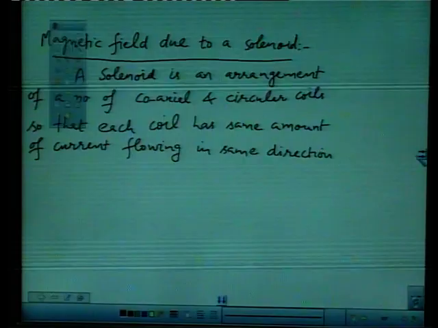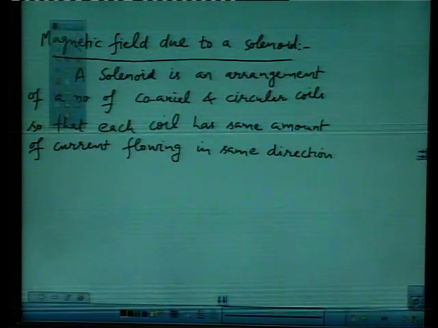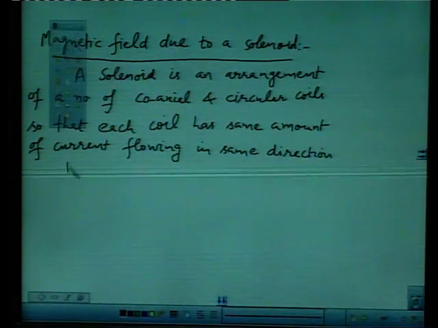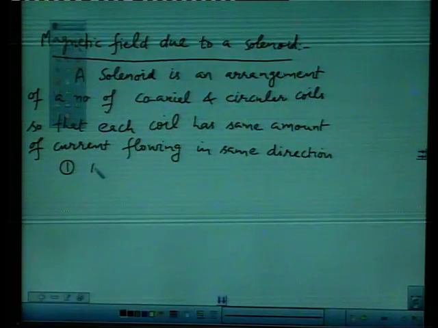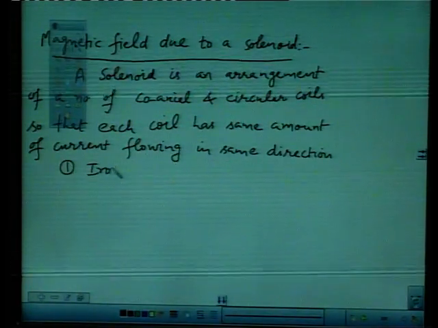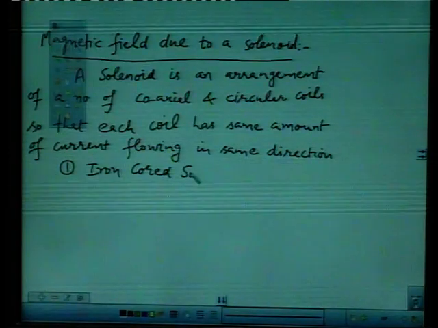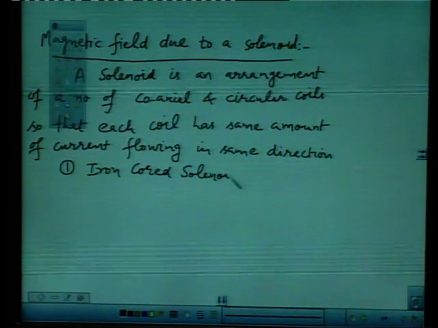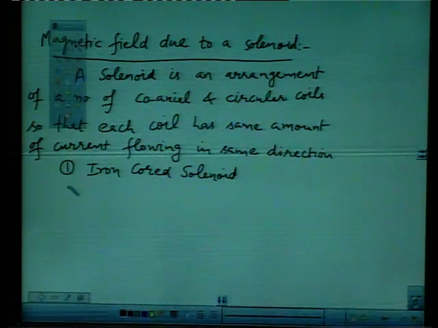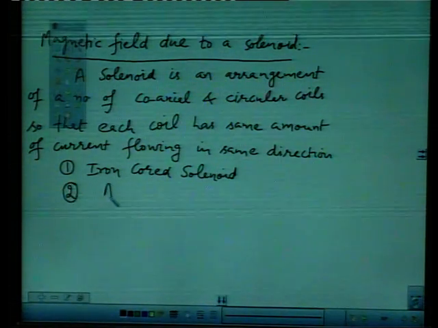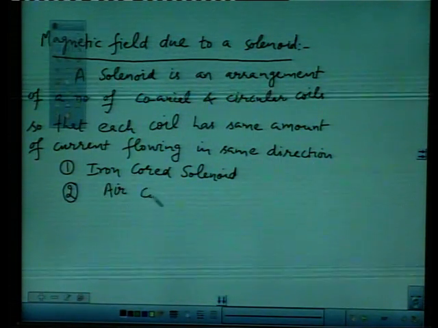Basically there are two types of solenoids. First is iron core solenoid and the second is air core solenoid.